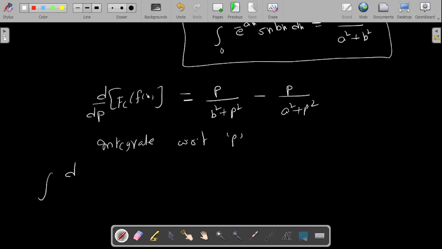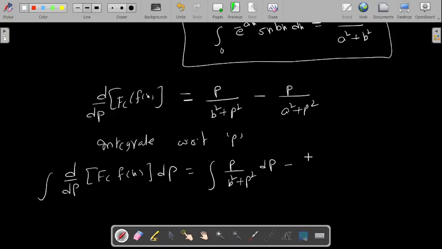So integral d by dp of Fc of f of x dp is equal to integral p by b square plus p square into dp minus integral p by a square plus p square into dp.